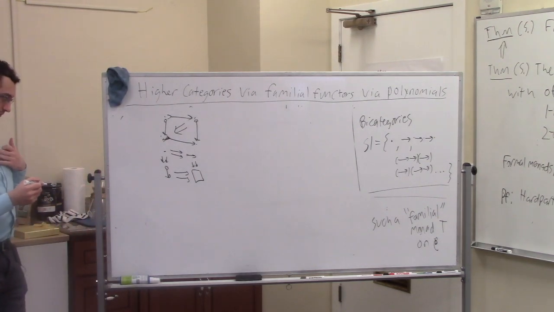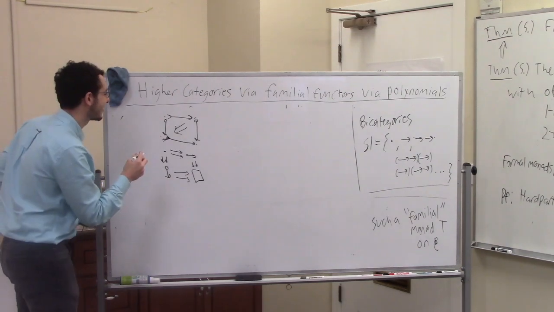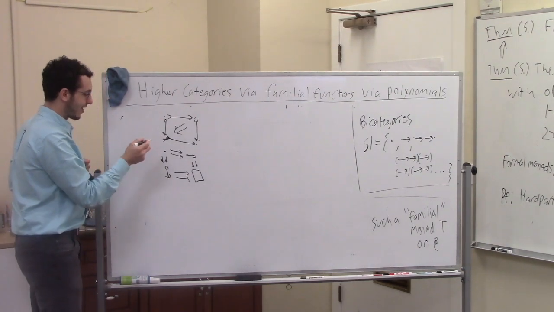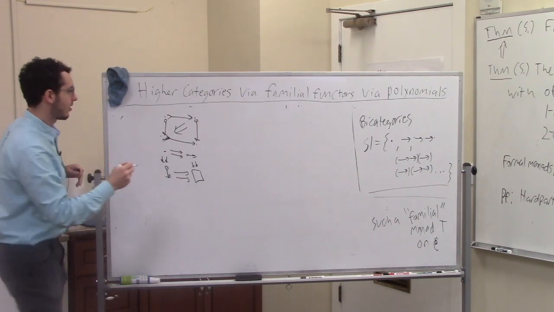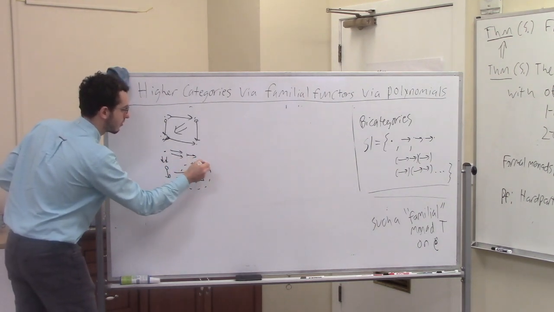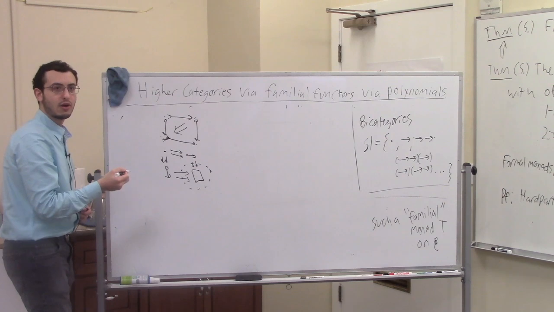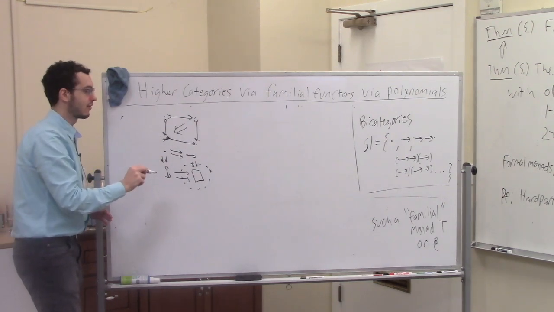Oh, sorry, I was tapping the mic. Apologies. So what I mean by directed is that there's a top dimensional cell, namely the square, which doesn't have any outgoing morphisms. That's what I mean.